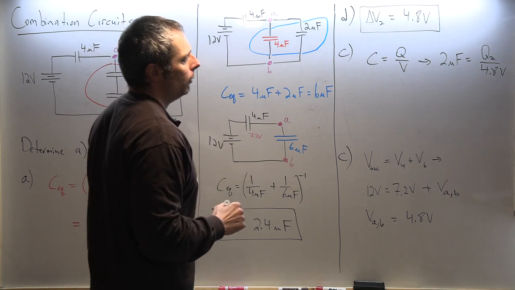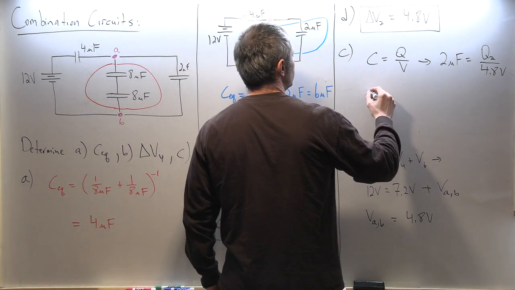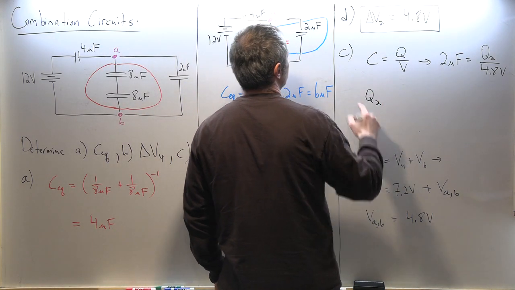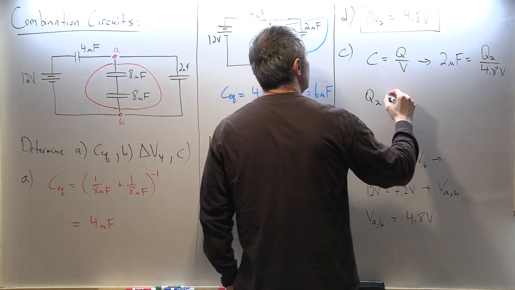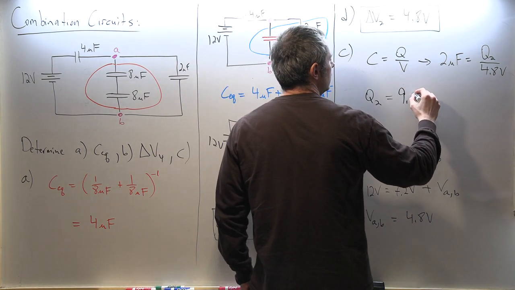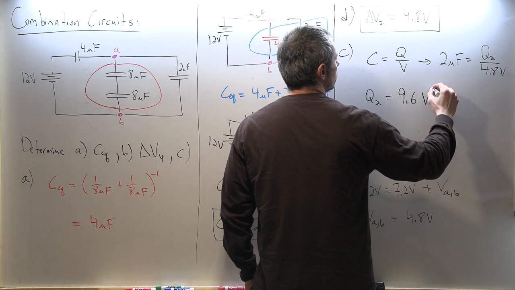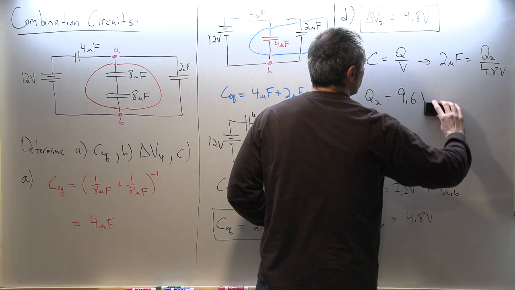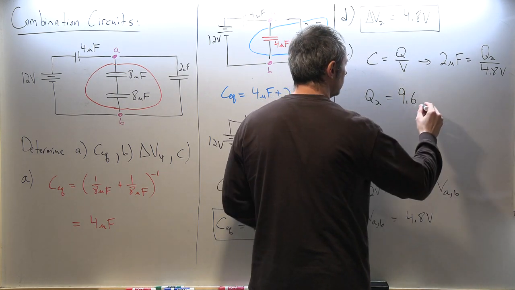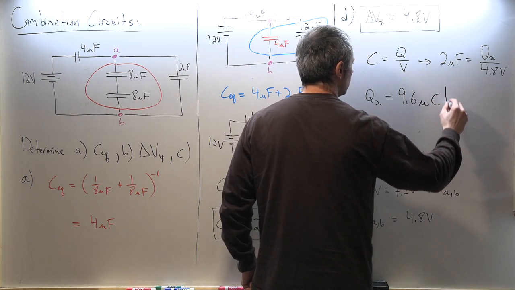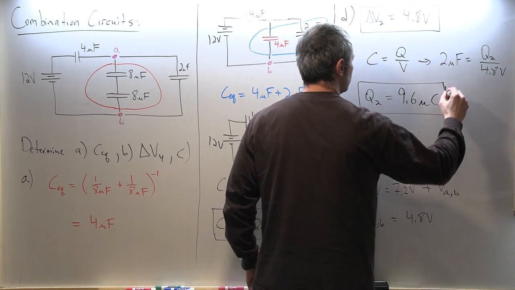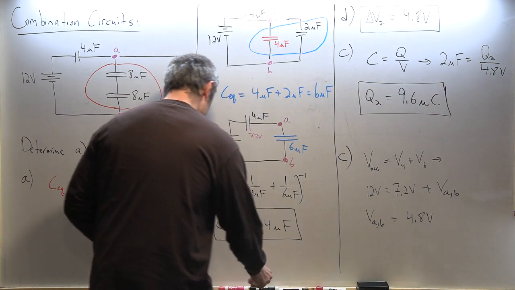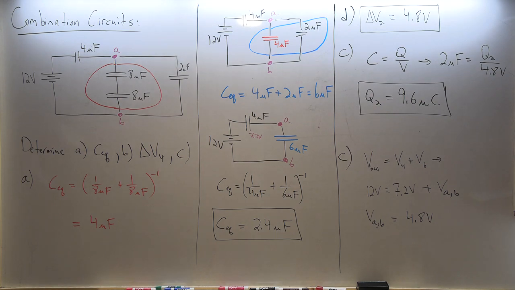So we multiply the 4.8 to the other side, and we get the charge in the 2 microfarad capacitor is 9.6 microcoulombs. Okay. So let me give you an opportunity to catch up if you need it.